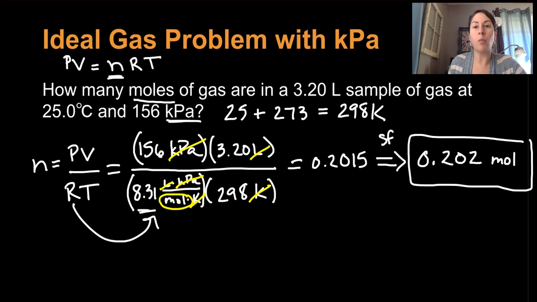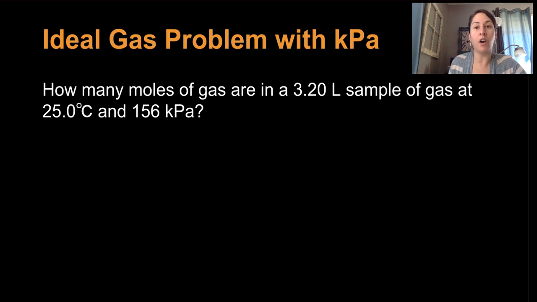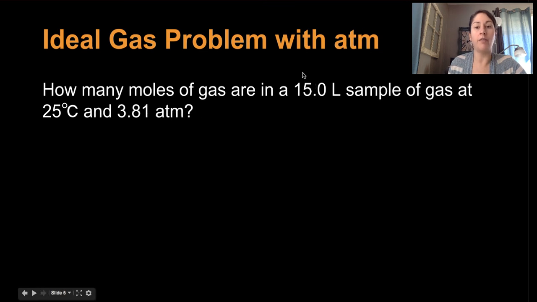So let's try one more, but now using the other R value, the other gas constant. Our other gas constant is for atmospheres. In this problem, it says how many moles of gas are in a 15-liter sample of gas at 25 degrees Celsius. Remember, that's 298 Kelvin, and 3.81 atmospheres.